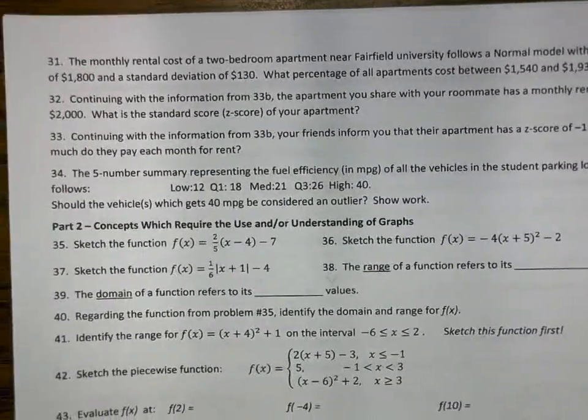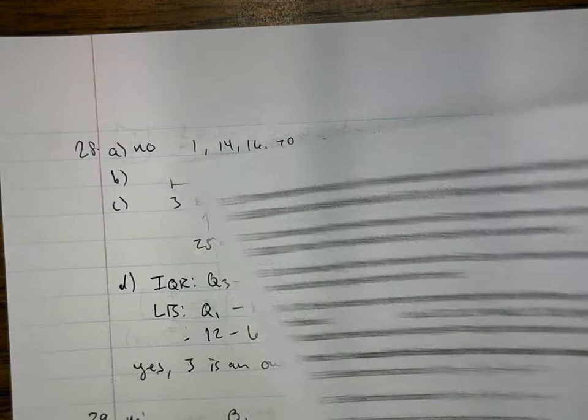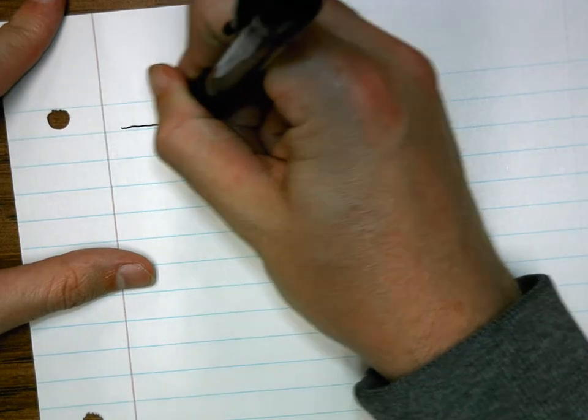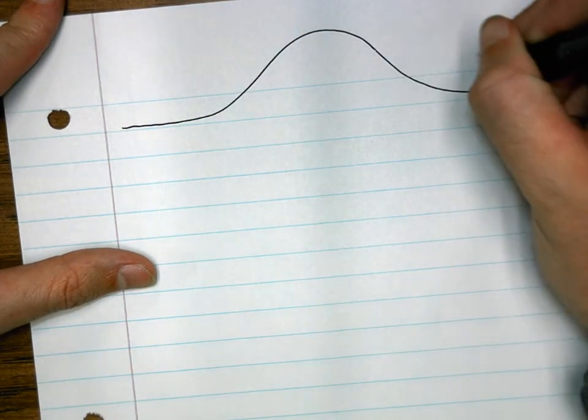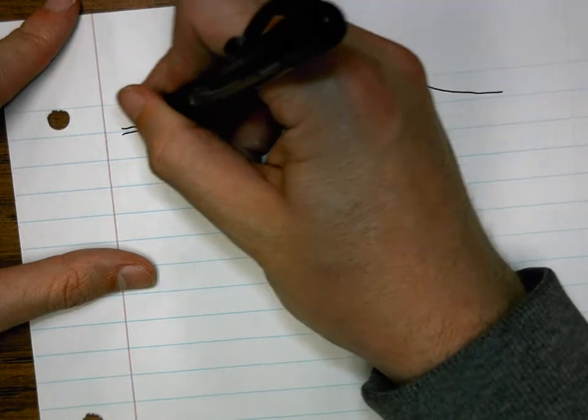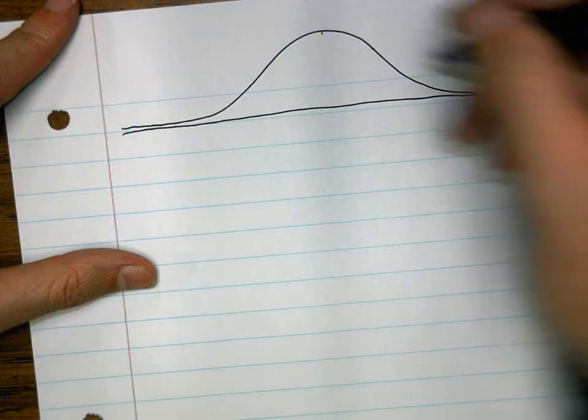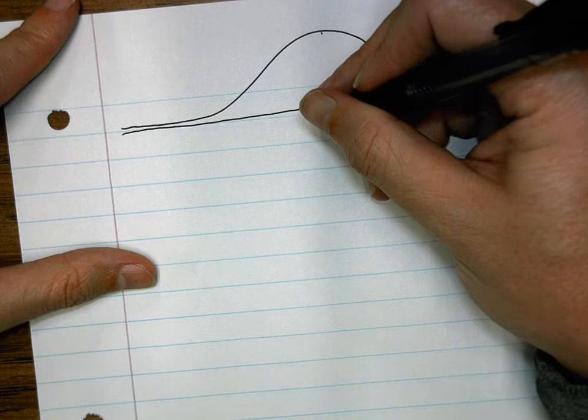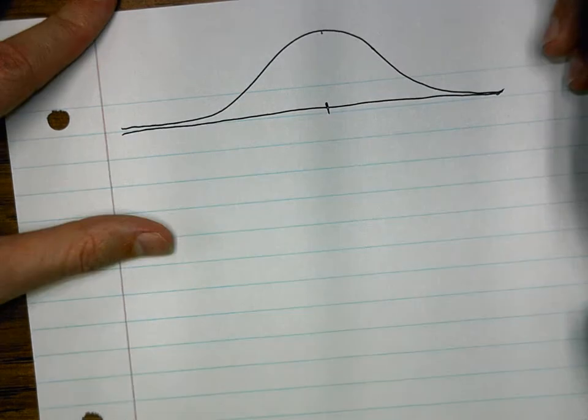31. The monthly rental cost. So we have to do our little not box and whisker, our bell curve. Right in the middle is going to be our mean, which is 1800.